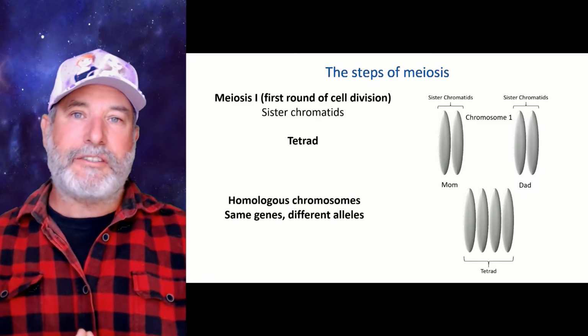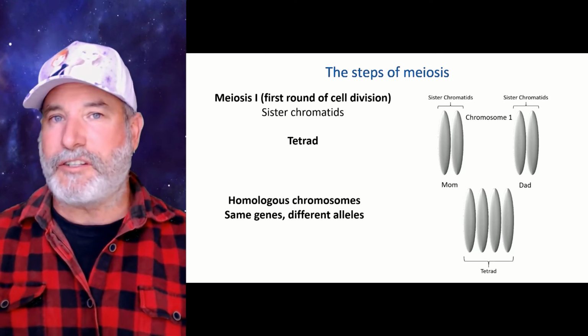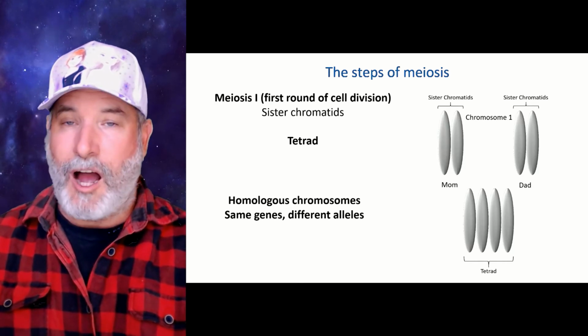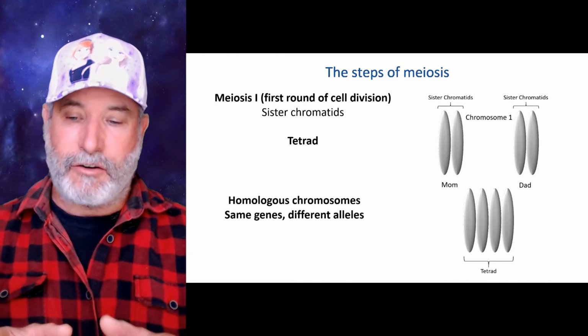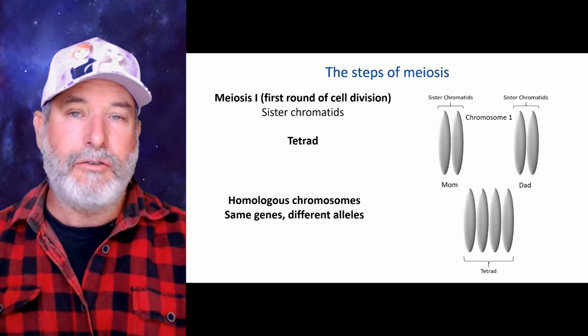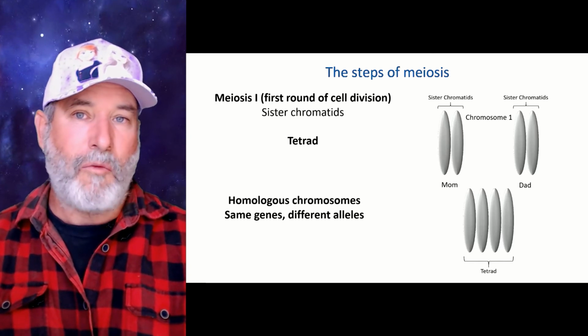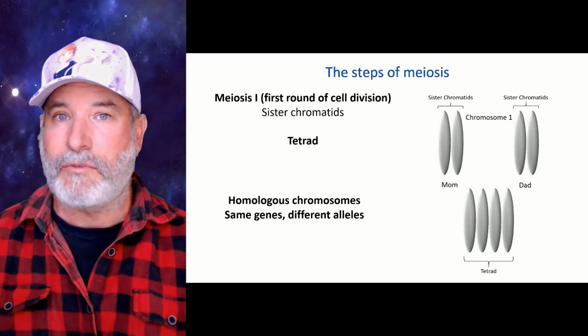So in meiosis, let's start talking about the steps here. One key difference: if you're doing mitosis, you copy your DNA. You do the same thing in meiosis. Then the 2 copies of the chromosomes remain together to form the sister chromatids. Now remember, when they're connected, the sister chromatids are still a single chromosome.